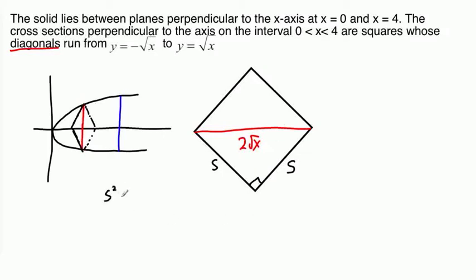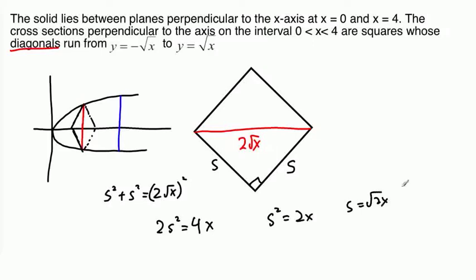So s squared plus s squared equals (2 square roots of x) squared. Now, that gives me 2s squared equals 4x, since the square root of x squared is just x. Divide by 2, so you get s squared equals 2x. Then square root both sides, and you end up getting s equaling the square root of 2x. So I can replace these with the square root of 2x each.